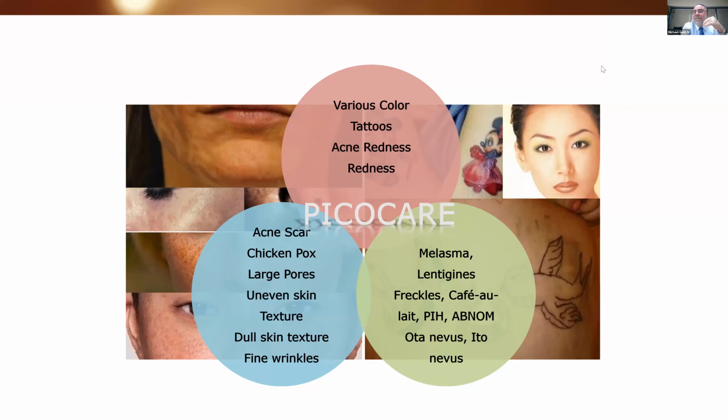So tattoos were the number one reason that picosecond lasers were developed. The advantage with the PicoCare is they have handpieces designed so that we can treat every tattoo in a very successful way. You have special handpieces for the very difficult colors, and that's really nice. It's almost like a targeted approach to the blues and greens, which we have never had before, and that's really important.